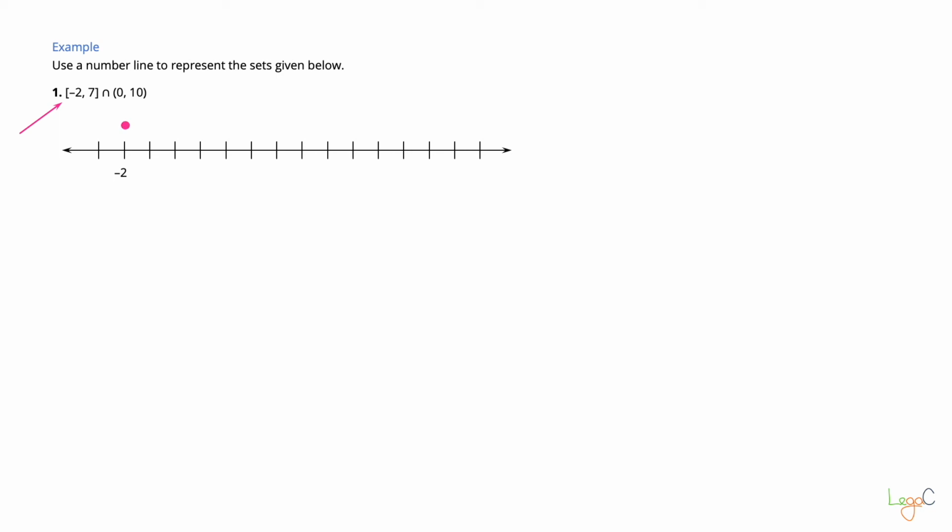Similarly, there is a square bracket at 7, so we are going to have a dot at 7. So this is the first interval from -2 to 7. The second interval starts at 0 with a round bracket, so we have a circle. It ends at 10 with another round bracket, which is again a circle.